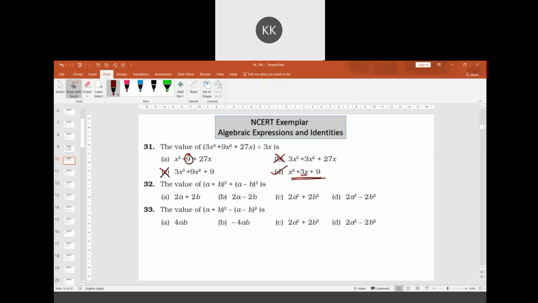32nd question. Here, a plus b whole square added to a minus b whole square. When you expand this, the 2ab terms will get cancelled. The options 2a square minus 2b square or 2a square plus 2b square: the square terms are positive, so minus cannot be there, because minus into minus is plus. In the actual expansion, you will come across 2ab and minus 2ab, which get cancelled.